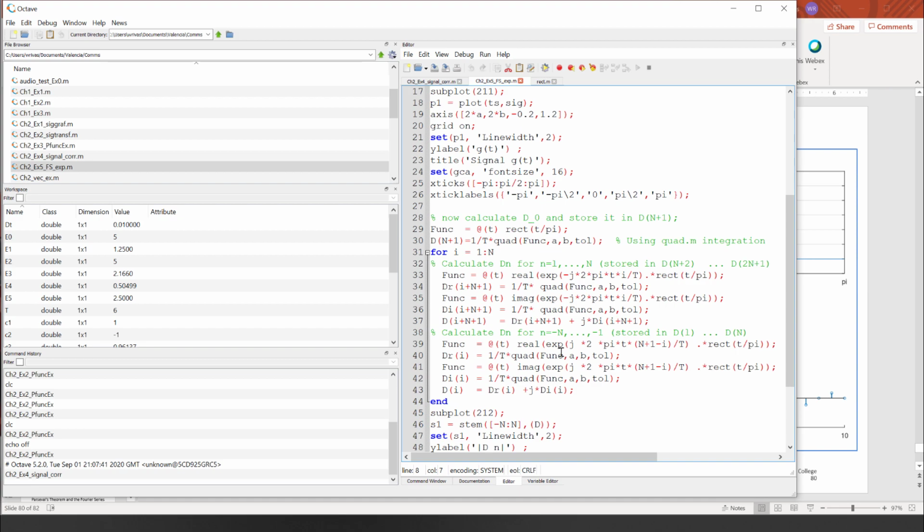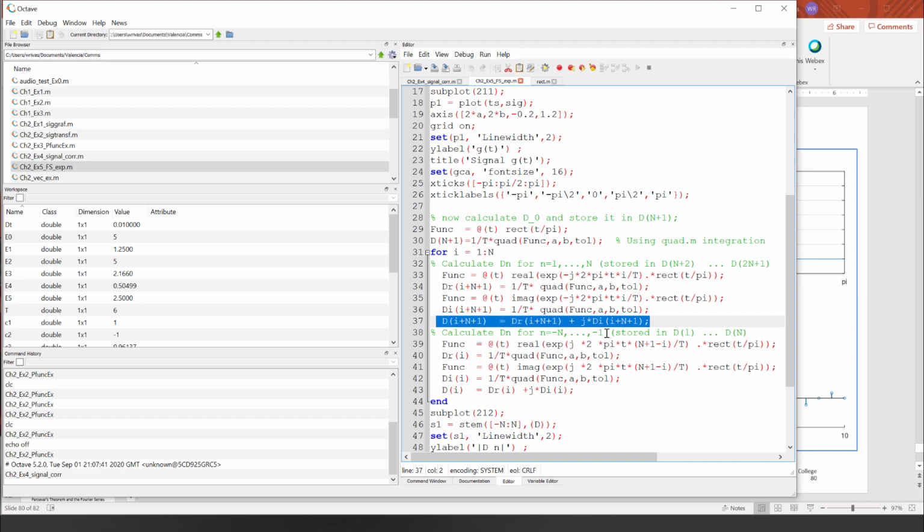This is different from the textbook, because I found the quad function does not like complex functions. So I broke it into the imaginary and real part of the function. This is the real part and this is the imaginary part, and at the end I just add them together.